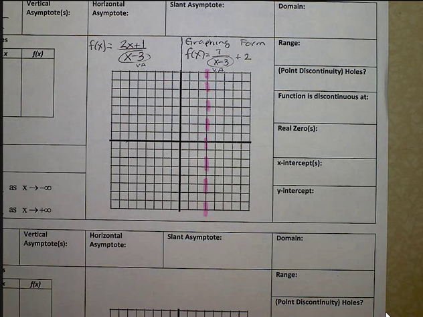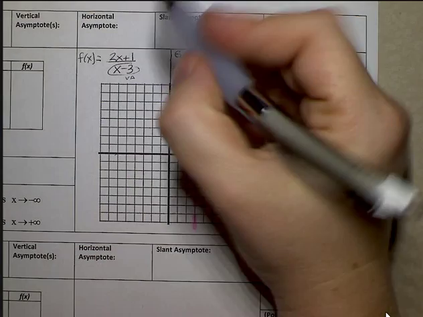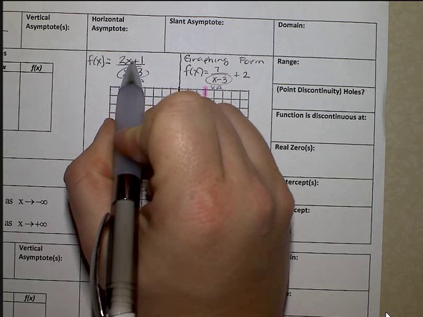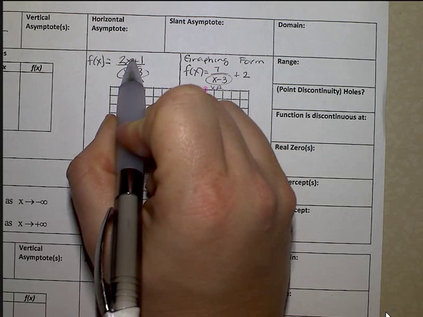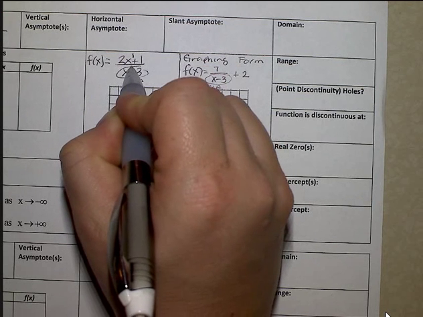All right, next up, we're going to figure out where we get the horizontal asymptote from. So your horizontal asymptote, if it's in this form, first of all, what is the degree of the top? That means what is the highest exponent on the top? And the answer is 1. What is the highest exponent on the bottom, or the degree? It is 1.